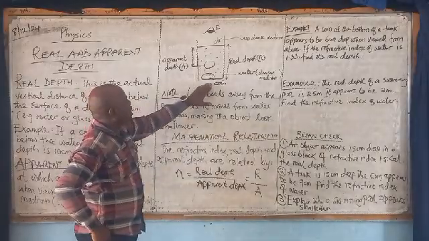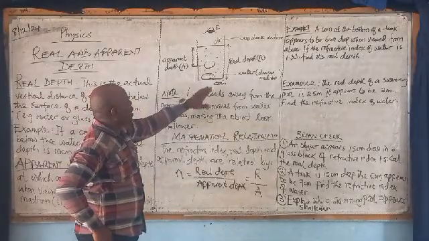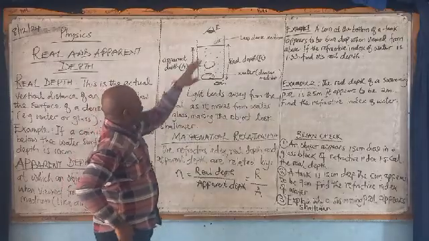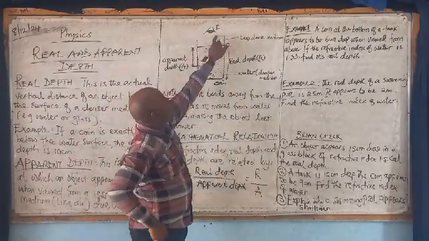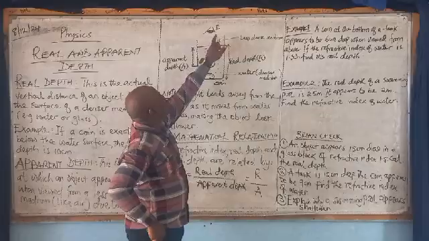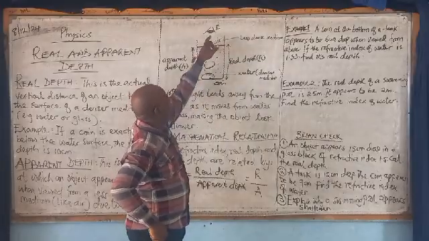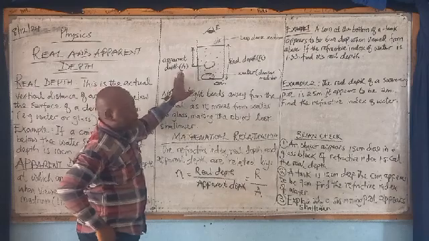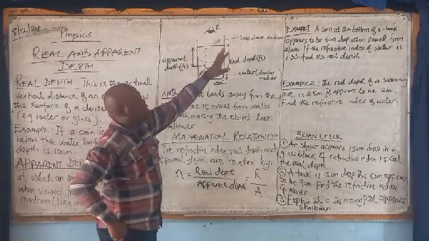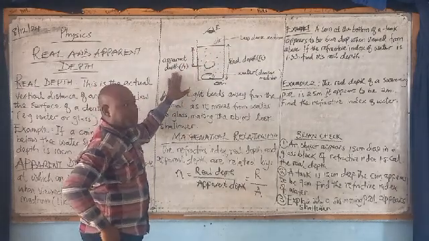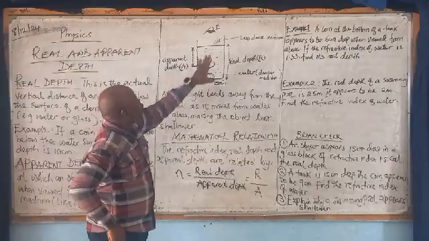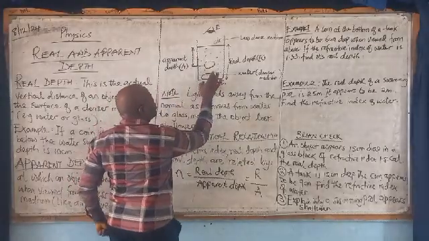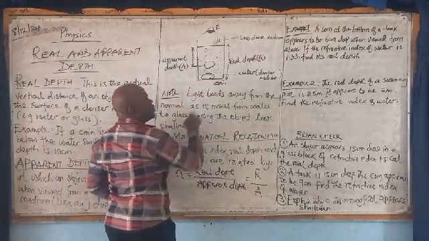You can see the coin at the bottom of the beaker. Then we have an observer here. This is our air. The observer has viewed this coin from air, and then we have the coin in water, which is our denser medium. The air here is the less dense medium. This is the position of the coin.